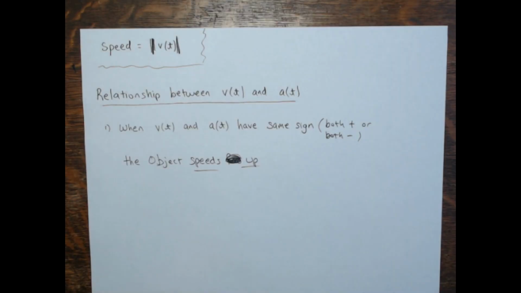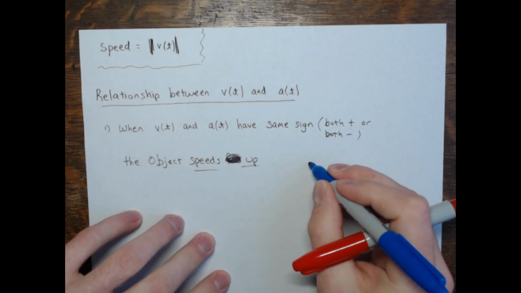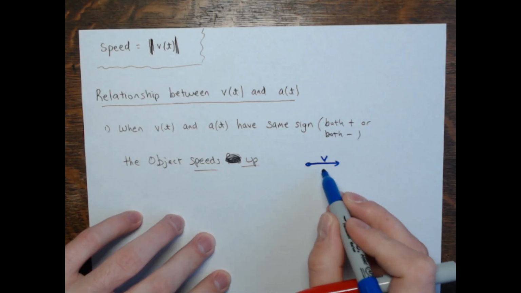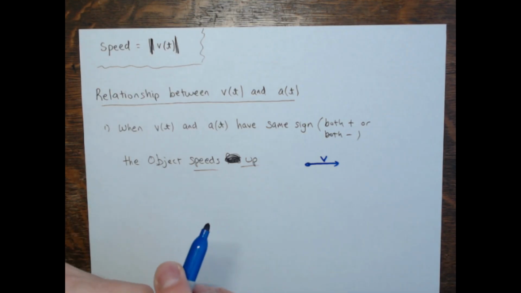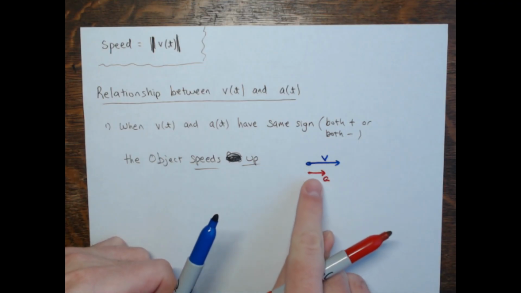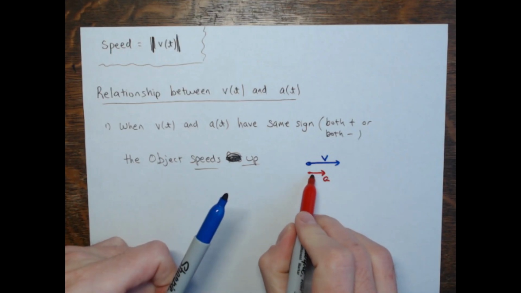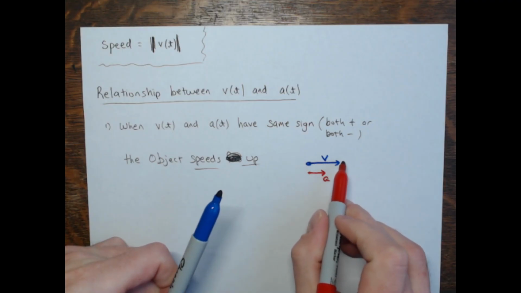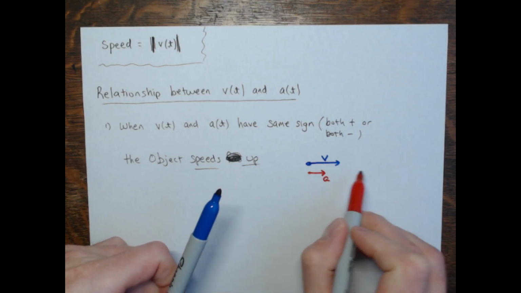So again, let's throw some colors in here. Say my velocity is positive. If v is positive, that means I'm moving to the right. And if the acceleration is positive, it's pushing me that way as well. So I'm moving this way and getting pushed more that way, right?